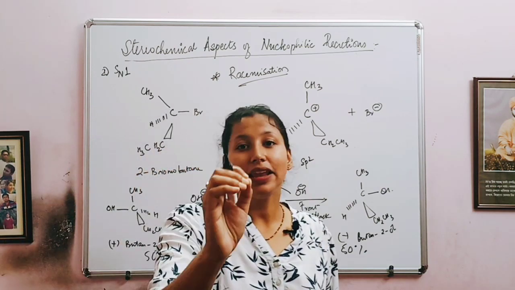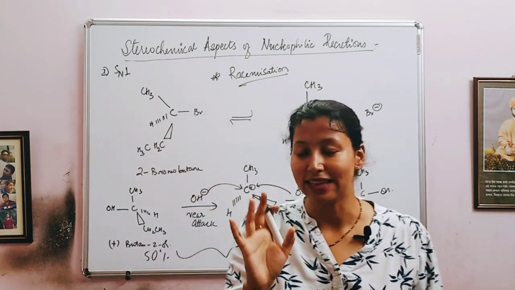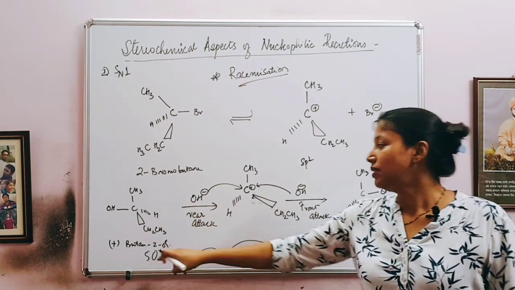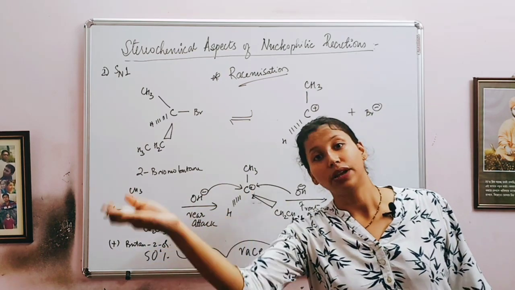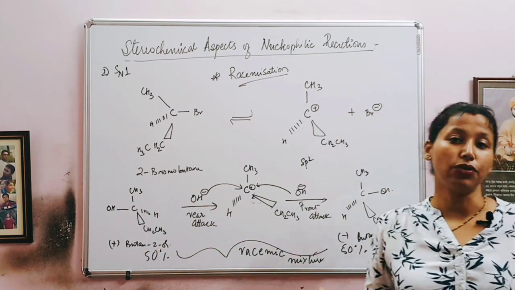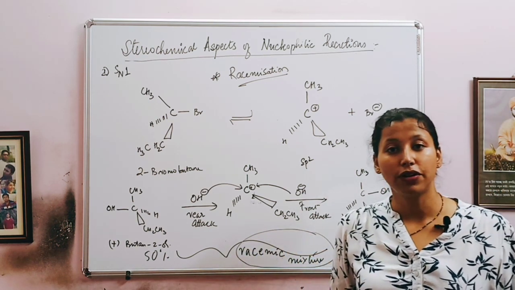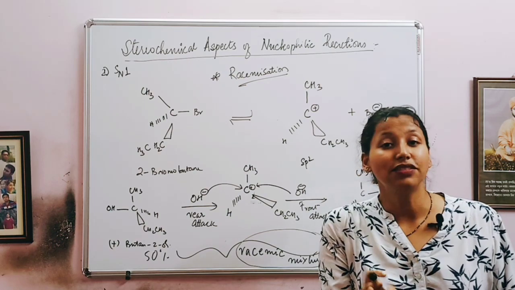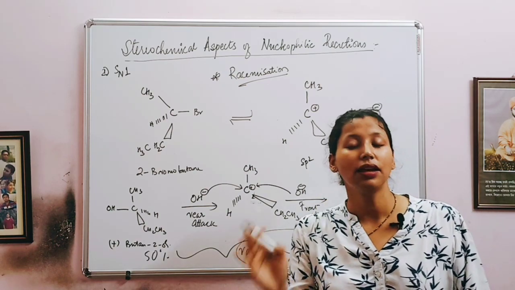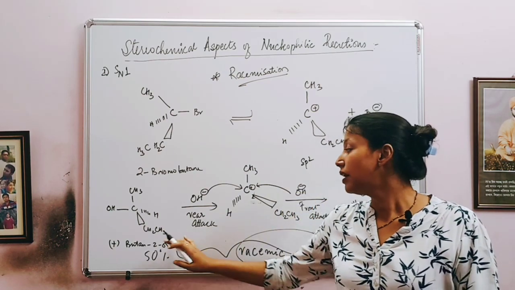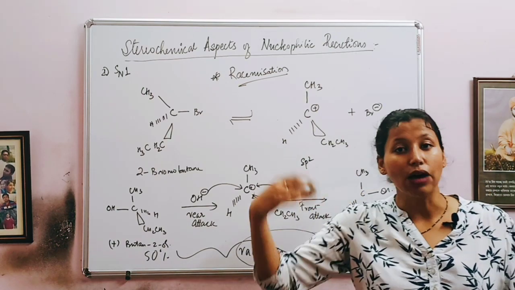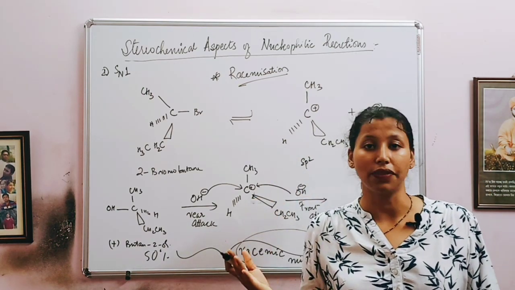And one very important note is that dextrorotatory will rotate to the right, levorotatory will rotate to the left. To which direction will a racemic mixture rotate the plane of polarized light? The answer is it will not rotate the plane of polarized light, because both will cancel out the rotation of each other.